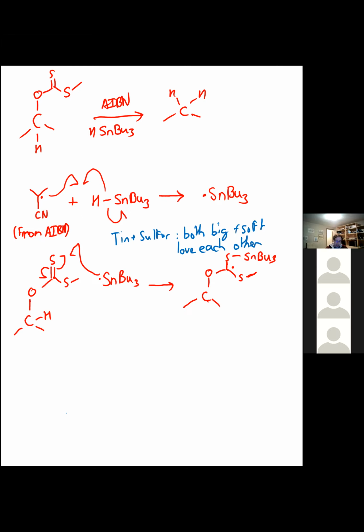I have another option. I can make an oxygen-carbon double bond and generate a secondary carbon radical. Because remember, this is part of the whole sugar thing. That's pretty good. Now I have a secondary radical. It's a lot better than a methyl. And instead of a sulfur-carbon double bond, I get an oxygen-carbon double bond, which is a lot more stable. So everything is kind of saying, you know what, maybe radical, you really want to do this.